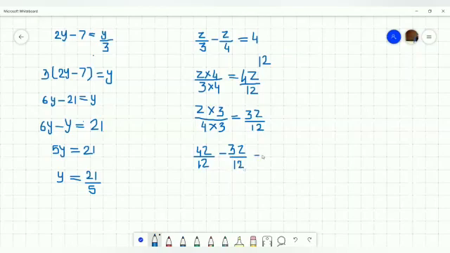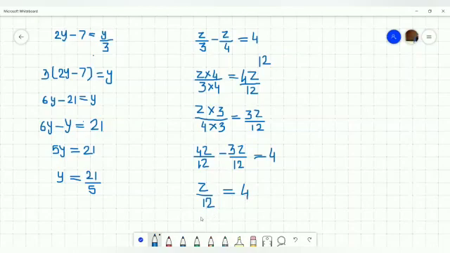And right hand side we have 4 that we will write as such. Will not make any changes in the right hand side. Now 4Z minus 3Z is just Z. 4 minus 3 is 1. So Z upon 12 is equal to 4.